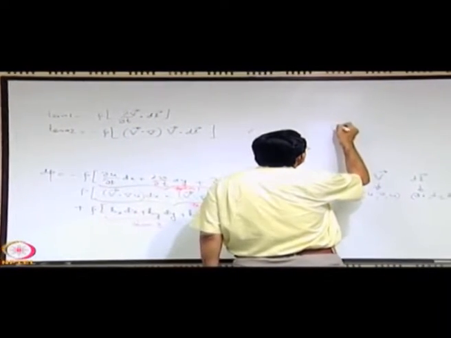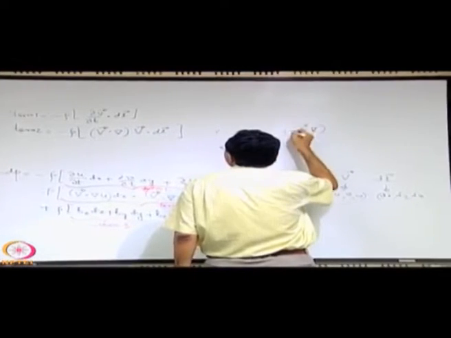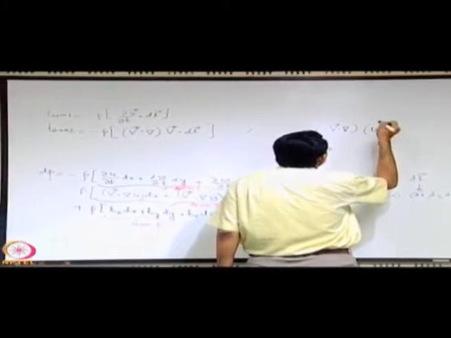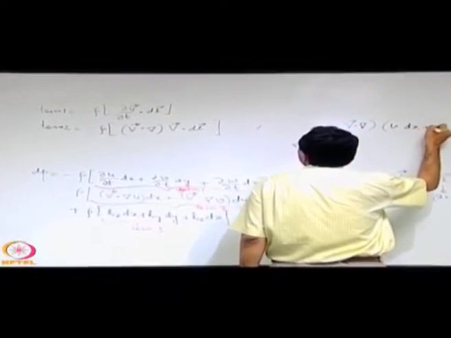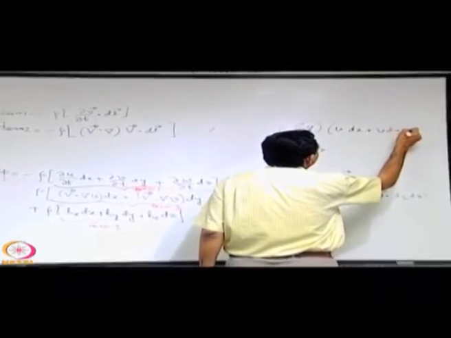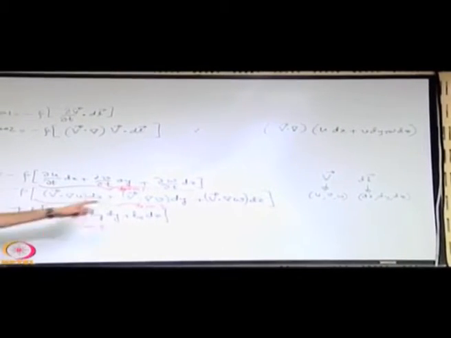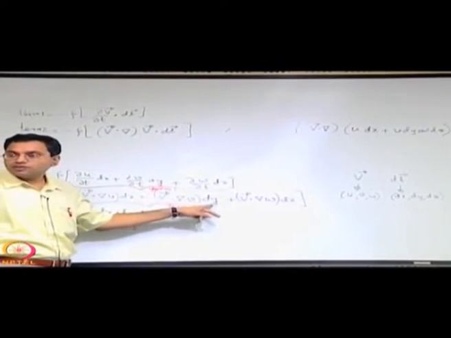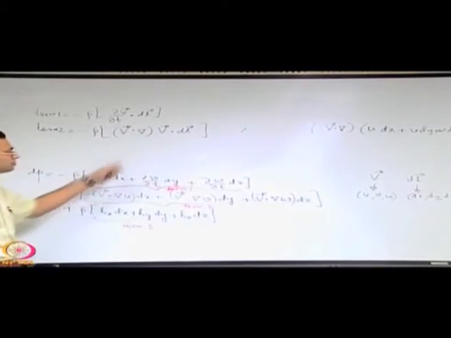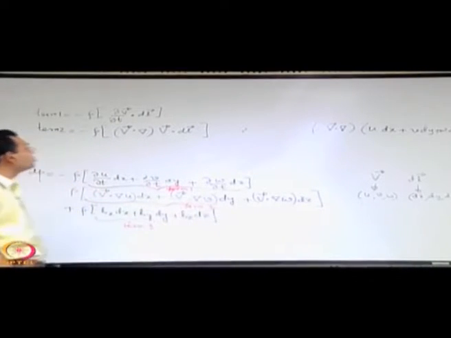You can write this as v dot del, then u dx plus v dy plus w dz. So, it becomes of the same form as that given by the term 2.